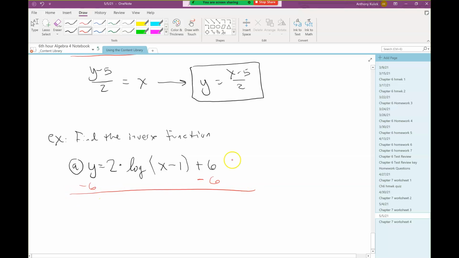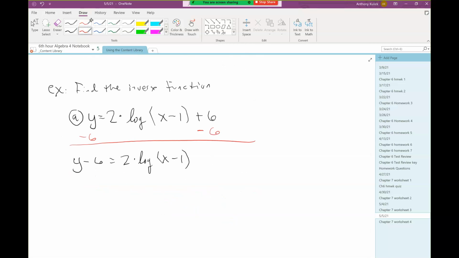Yeah, I knew what you meant. That's good. Okay. What next? Can we divide the 2 onto the side with the y? Yeah. So we can divide both sides by 2.